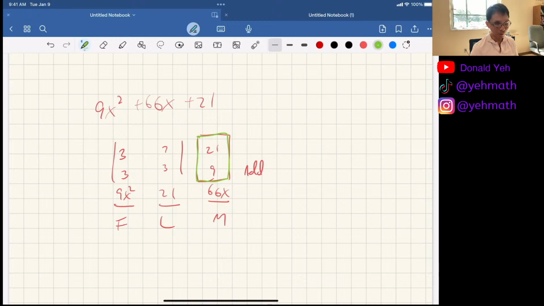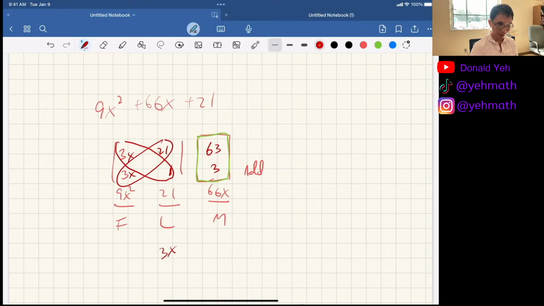So then you say, okay, besides 7 and 3, what other things can you have? Well, of course, 21 and 3, 21 and 1. And 21 is going to give you 63, and this is 3, and that becomes 66x. So therefore, just pair diagonally.